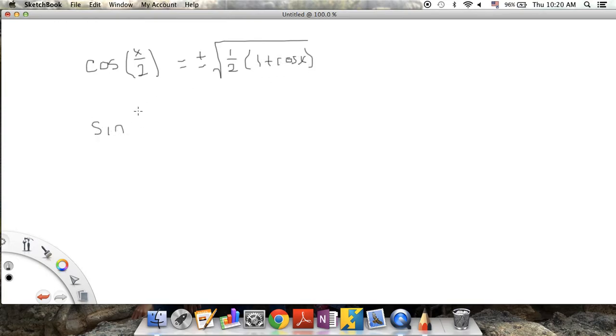And the sine of x over 2 is plus or minus the square root of 1/2 times 1 minus the cosine of x.